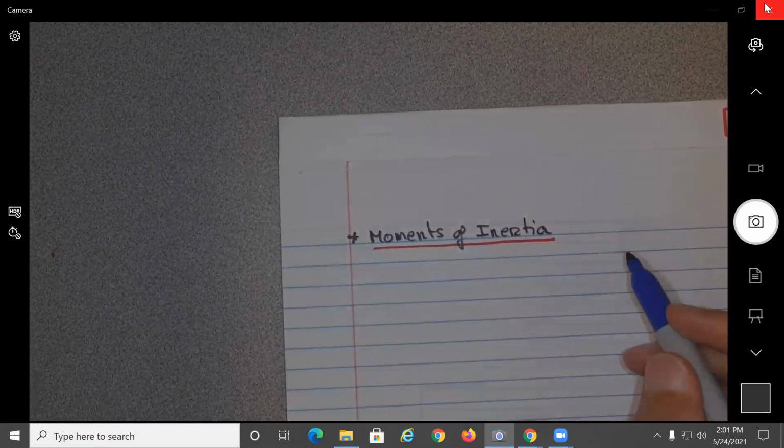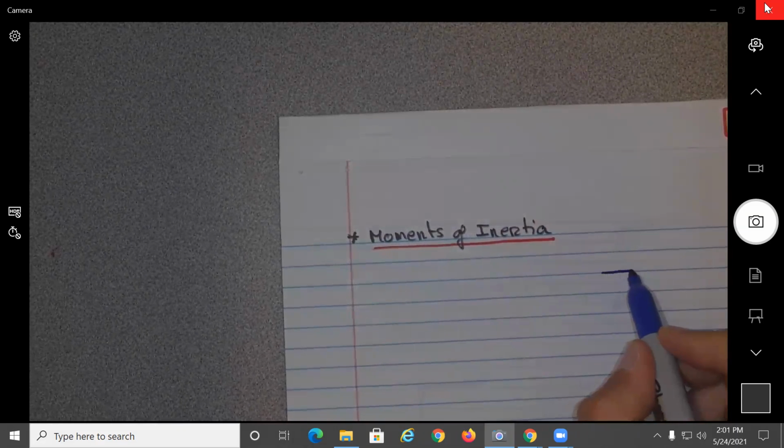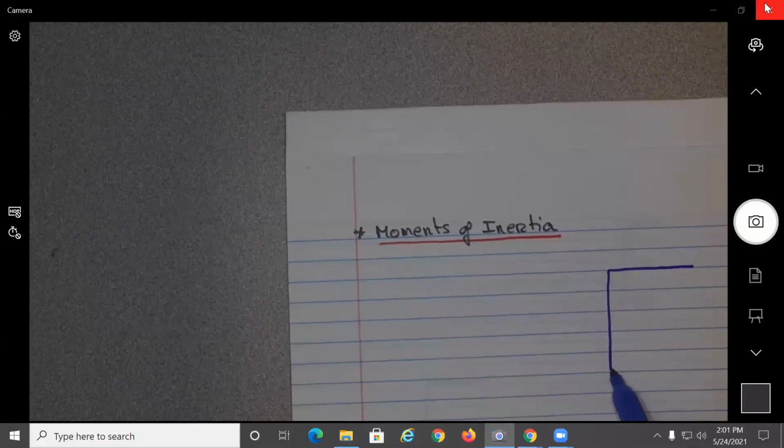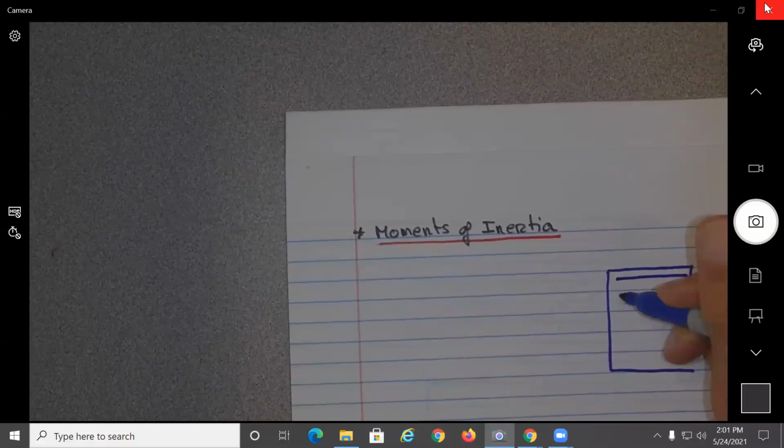Okay, so once again, always we need figures, okay? Without figures, you cannot do anything. So we just plot again a small figure of the cross section.